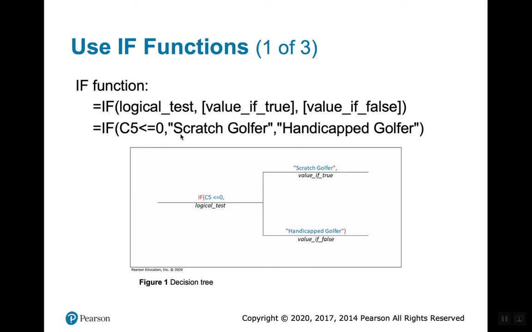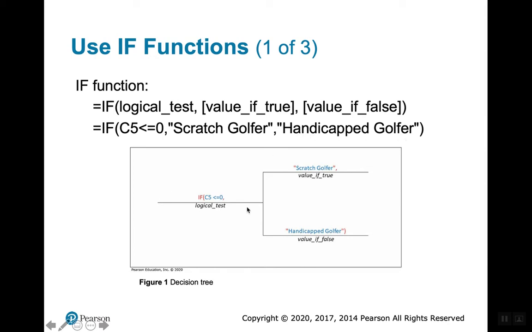The way it's structured, it's IF, logical test, then the true value, and the false value. So if the value in C5 is less than or equal to 0, you're a scratch golfer. Otherwise, you're a handicapped golfer.